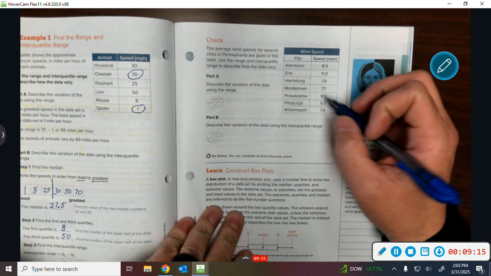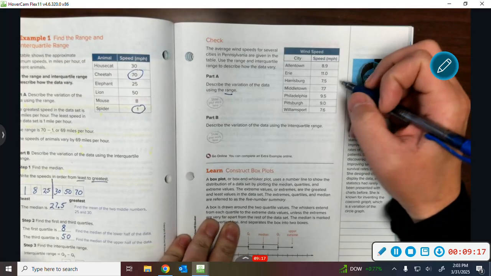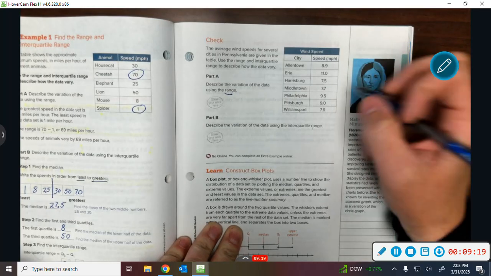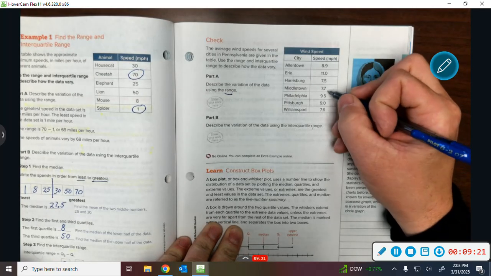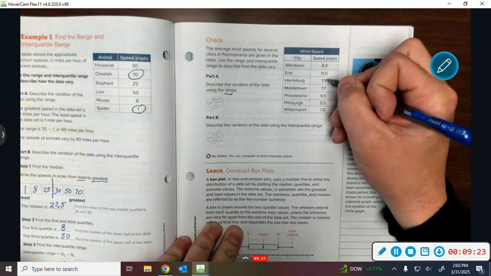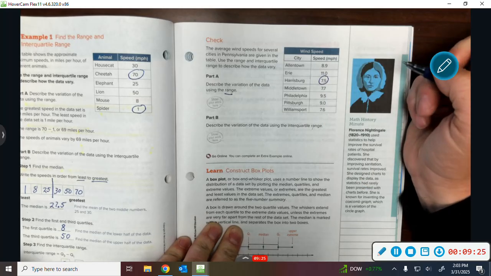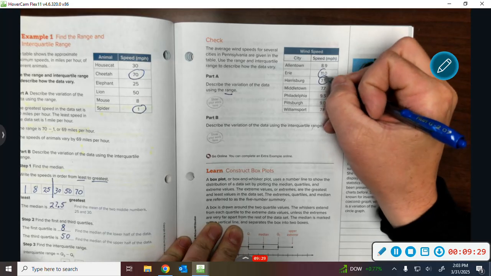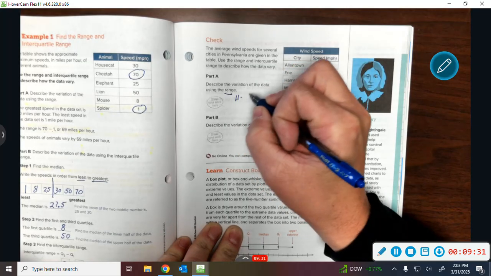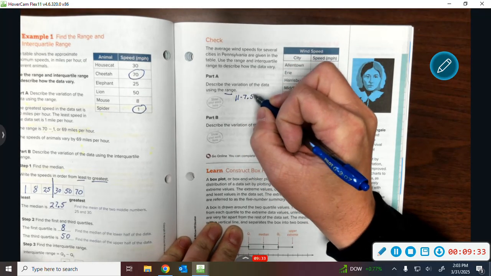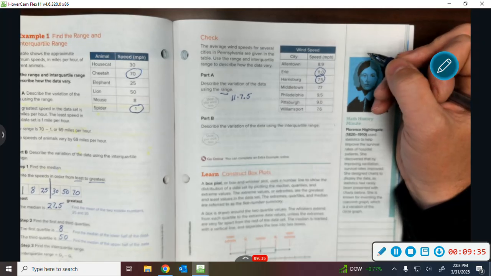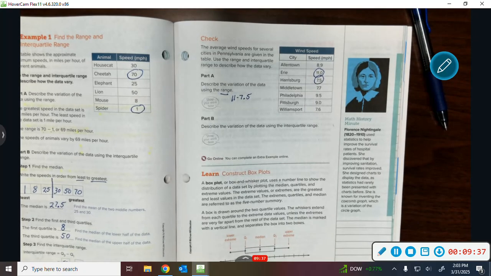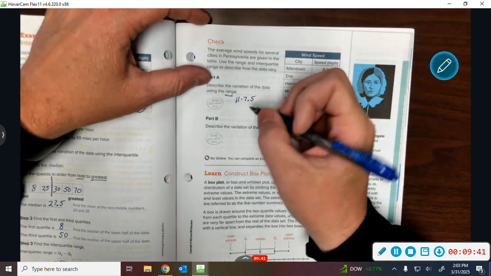The smallest number is 7.5, and the largest is 11. So we do 11 minus 7.5, which is 3.5.